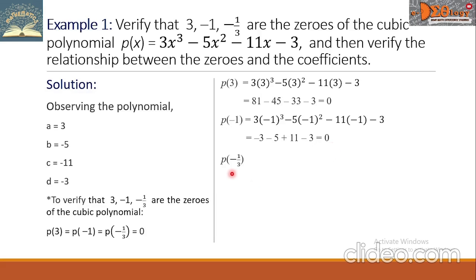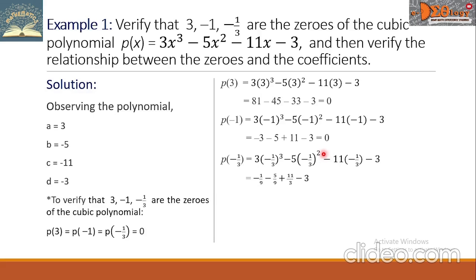Now we go to p of -1/3. We have 3 times the cube of -1/3 minus 5 times the square of -1/3 minus 11 times the -1/3 minus 3. When we simplify the cube of -1/3, we will get -1 over 27 times the 3 here, we will get the negative of 1 over 9.